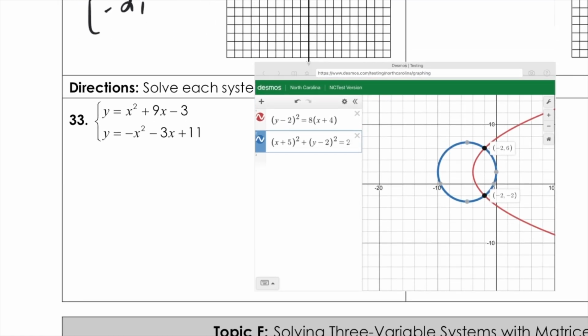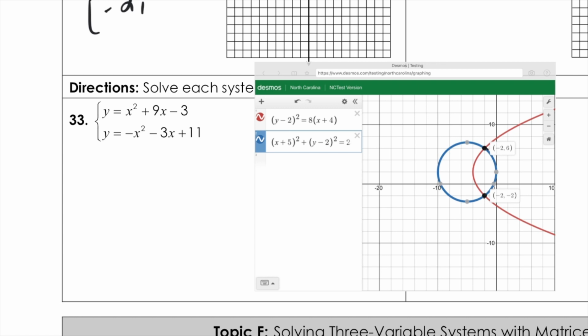So if I wanted to look at number 33, I could take these two out and build my new function. It looks like it's going to be the intersection of two quadratics, or two parabolas, and negative y equals negative x squared minus 3x plus 11.